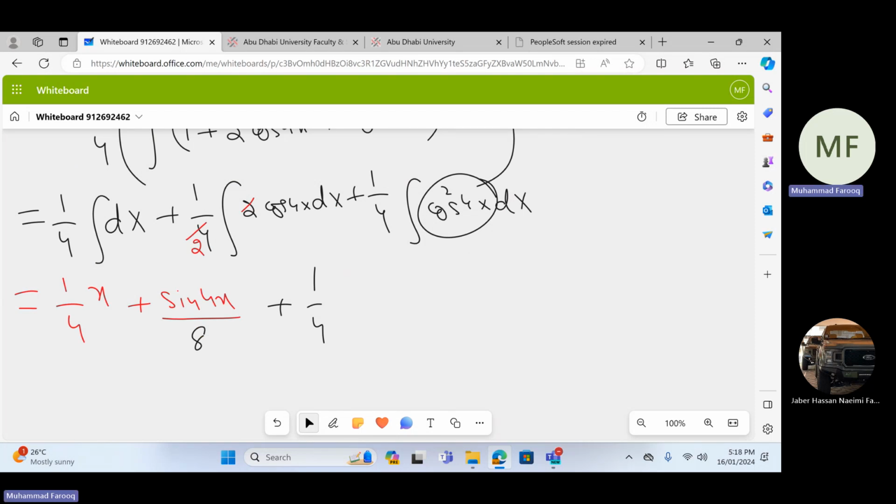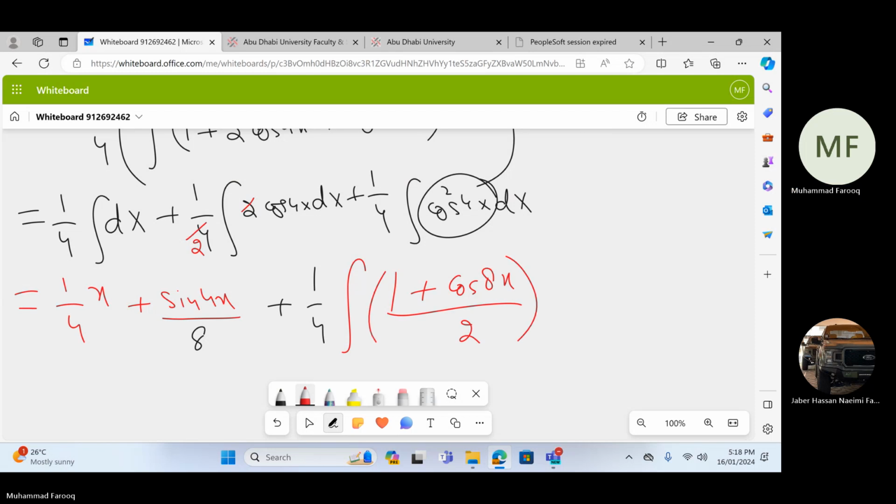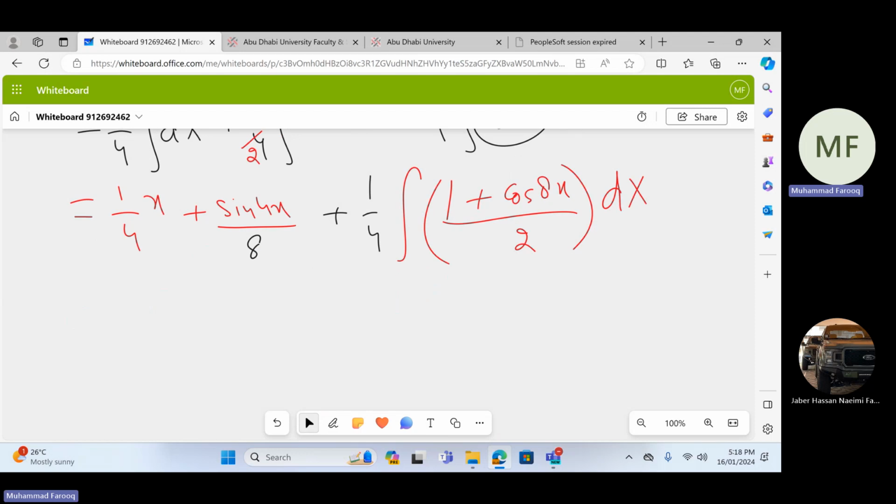So you're supposed to multiply. Exactly. So here integrate 1 plus cosine 8x over 2 and dx. That's why I told you, with power 4, it becomes 8. You divide by 2. Anyway, these we have done. Only this part you have to integrate.